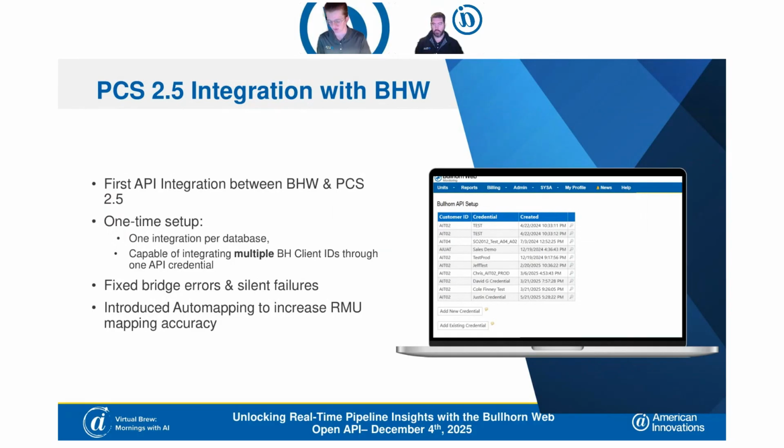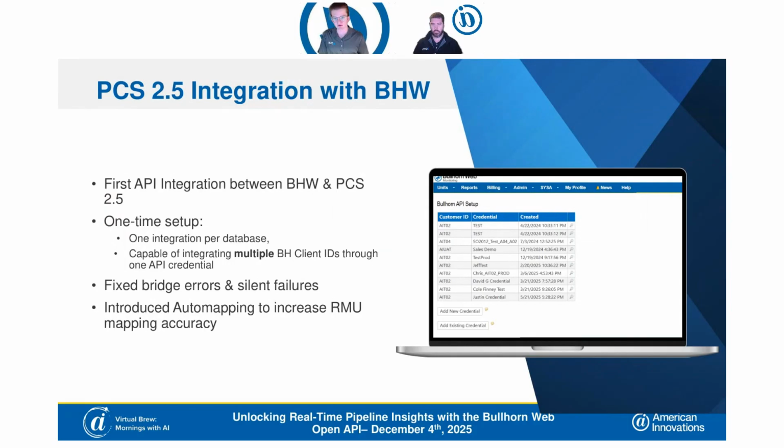Every time you made a change in Bullhorn Web, it would update that API and transfer into PCS on your scheduled call time. Unlike the bridge, where you might have had to make a change in each individual bridge before you made a transfer. And if you didn't make that change, or someone made a change without telling you and it failed, you might not have been aware.